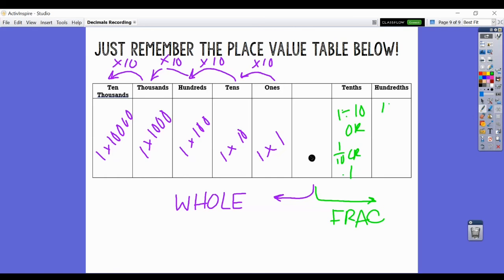This would be 1 divided by 100, or 1/100th, or 0.01. And just remember, as we go this way, we divide by 10. And even going from over here, we divide by 10. And we read this little decimal point as "and."